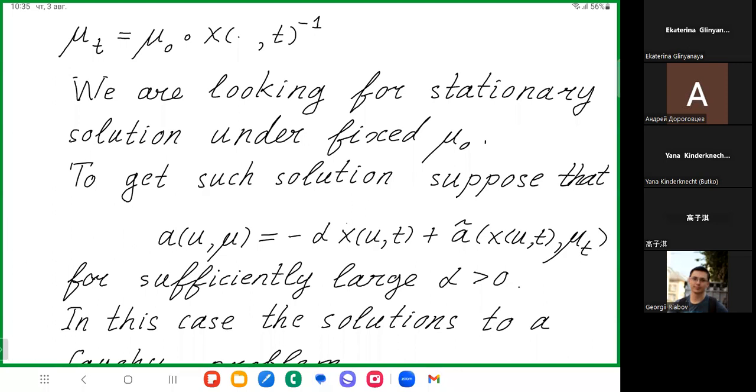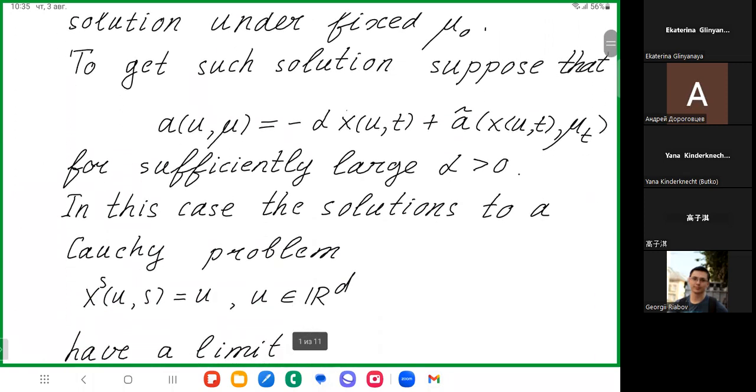Yesterday we have seen that in the case of an ordinary stochastic differential equation, such a term minus alpha x(u, t) gives us existence of the stationary solution, especially in the famous linear case when we get in such a way the well-known Ornstein-Uhlenbeck process.